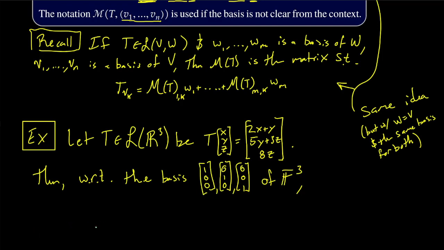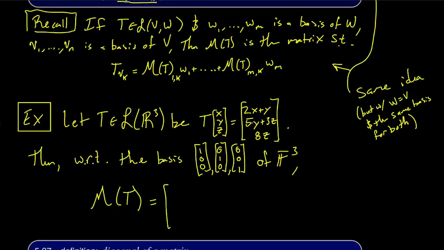the matrix of T is just, okay, let's think about it. If I punch the first basis vector through, I'm putting in 1 for x and 0 for y and 0 for z. I would get (2, 0, 0), right? So that is, as a linear combination of these guys, it's 2 times the first basis vector plus 0 times the second plus 0 times the third.